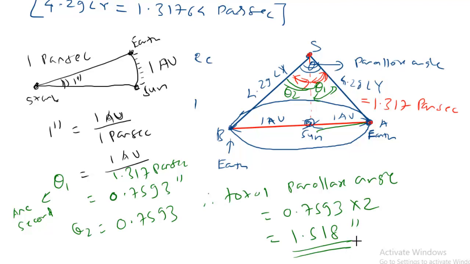So when the star is 1.317 parsec distance away from the Earth, the total parallax angle created from two positions of Earth will be 1.518 arc second. Thank you.